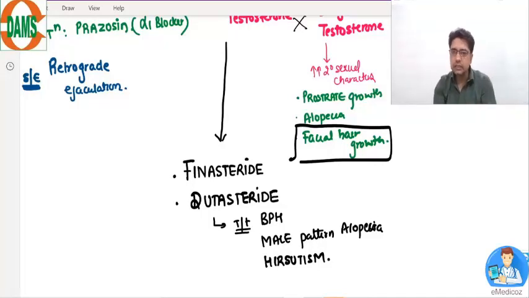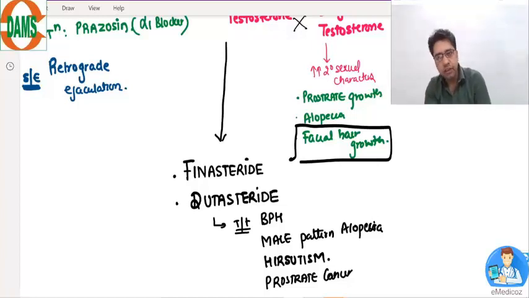We will discuss that later. Recently, it has been approved for prostate cancer as well. So these are the uses of these drugs, because the prostate is a gland dependent upon dihydrotestosterone for its growth. Cancer and hypertrophy are all dihydrotestosterone dependent.